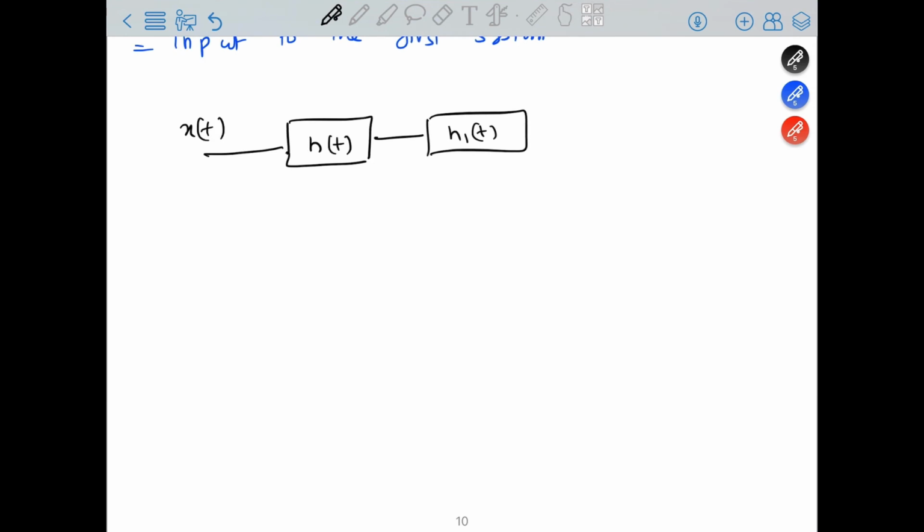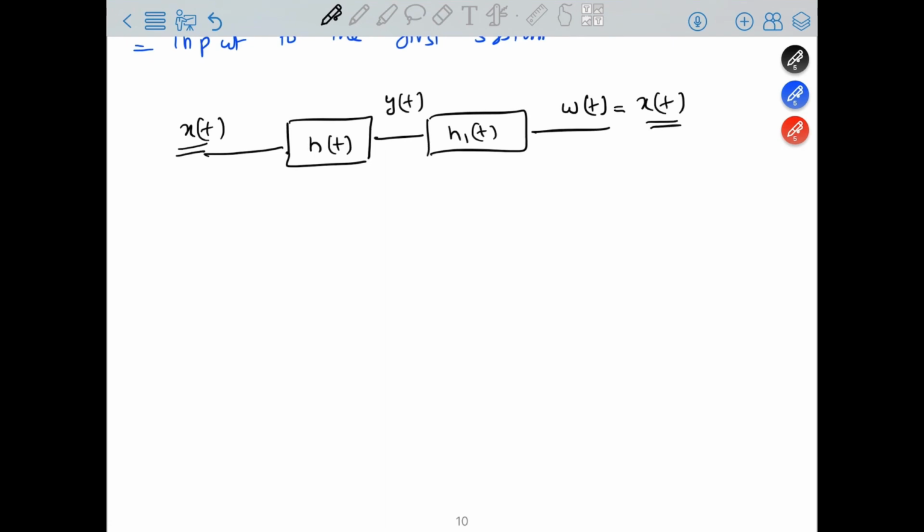To understand this with a block diagram, we can write it as follows. Suppose there is a system h(t), and another system h1(t) that is inverse to the first system. If x(t) is the input to the first system and y(t) is the output, and that is the input to the next inverse system, then the output we get, w(t), will be the same as the input.